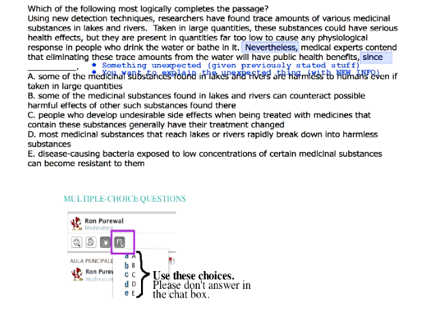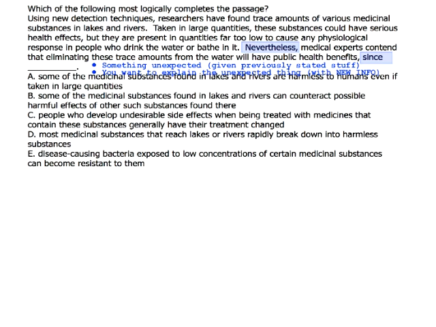Okay, let's take a look. So, researchers have found some drugs in lakes and rivers. If they were there in large quantities, then they could be harmful. But they're not. There's too little of these drugs to actually affect people.